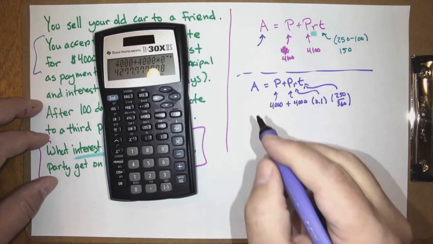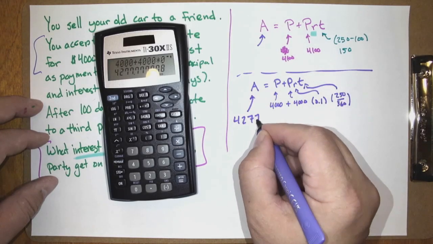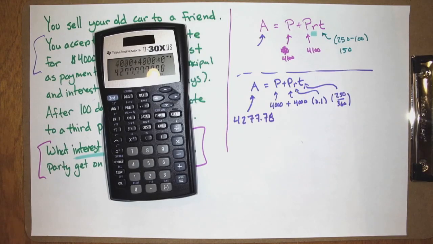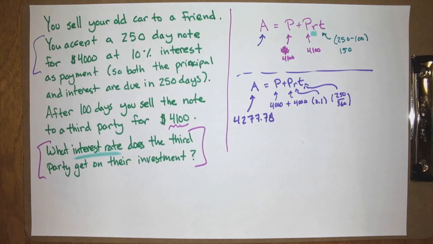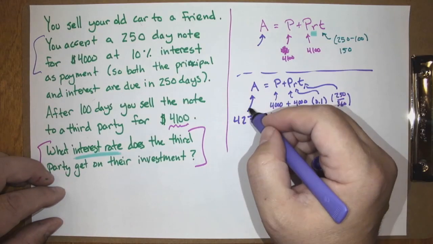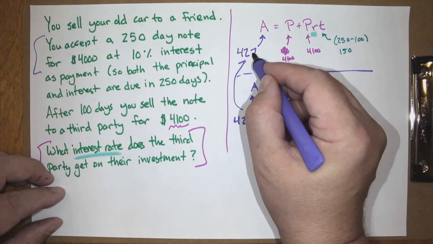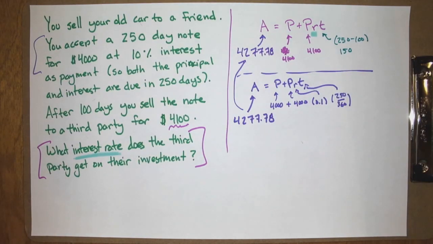All right. 4,277.78. You can't pay back a fraction of a penny. All right, so that's going to go up here. 4,277.78. All right, so what do you do?